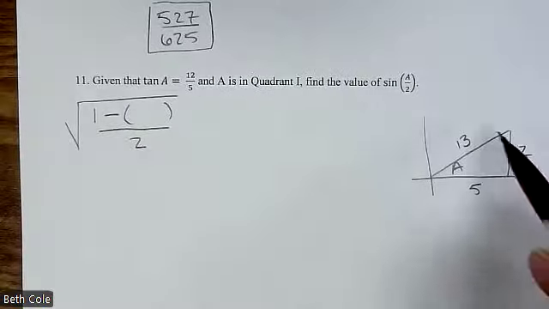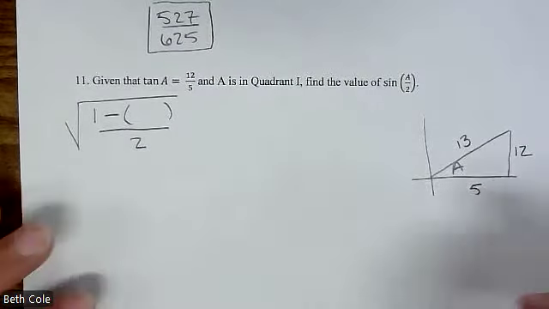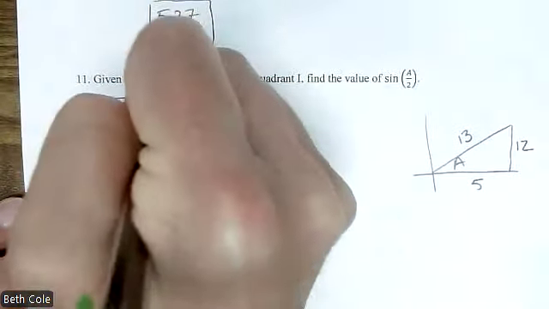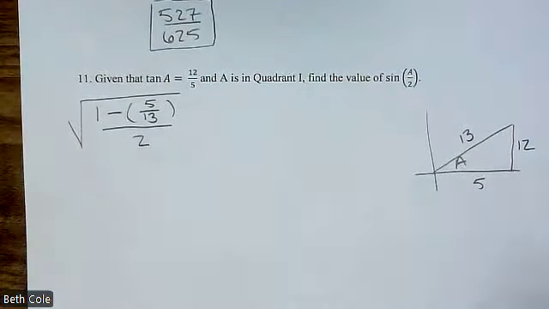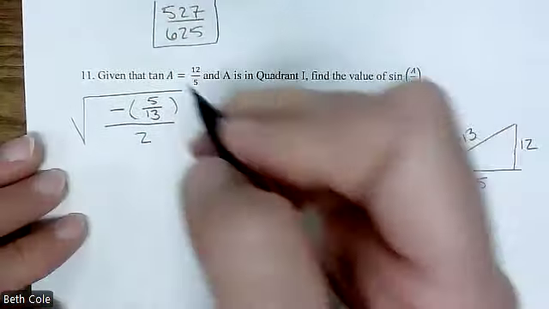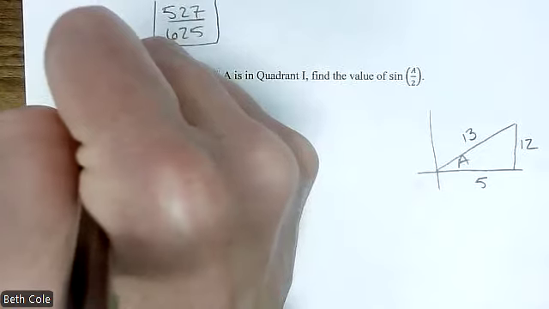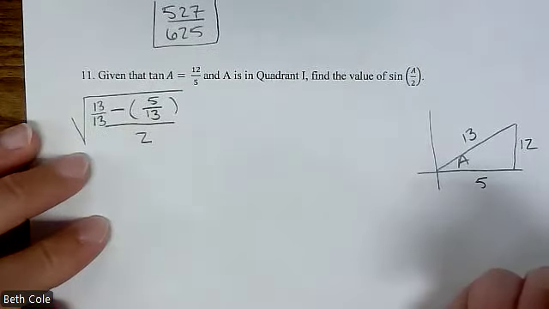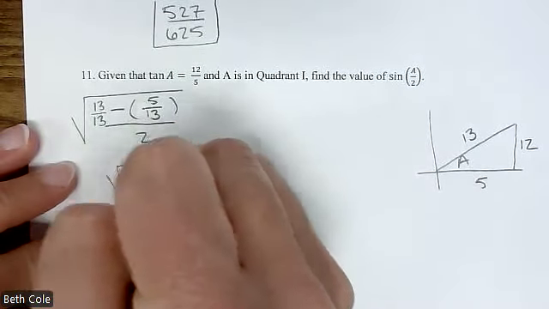So looking at your picture, what is cosine? Yeah. So 5 over 13. If you're writing with pen, you can scribble it out. If you're writing with pencil, you can erase. I want to change the 1 to 13 13ths, or if you can hold that in your mind, you don't need to necessarily erase it, but then subtract. 13 minus 5 is 8.